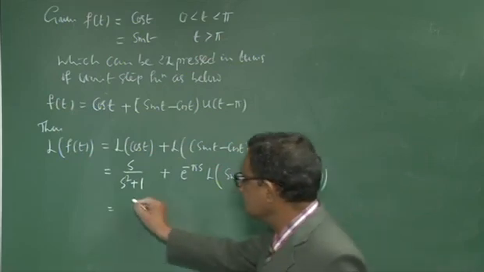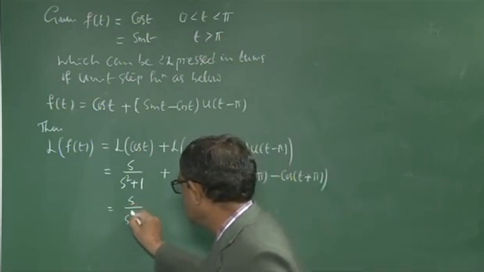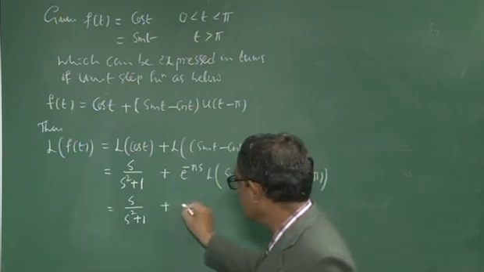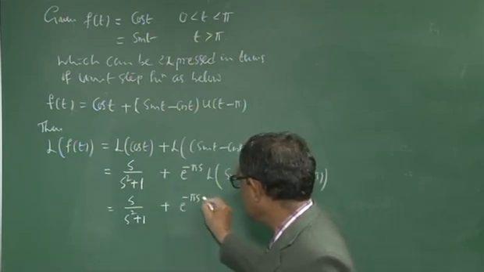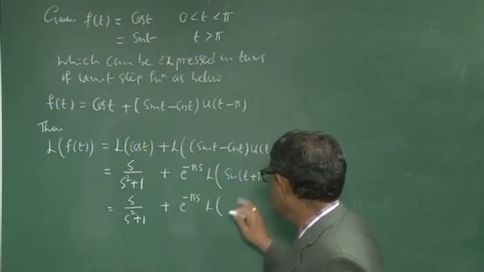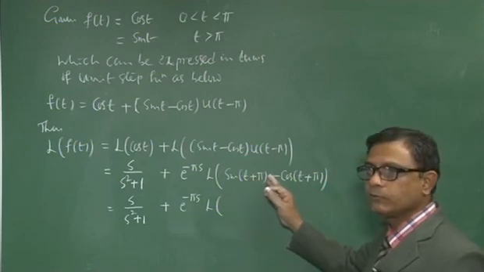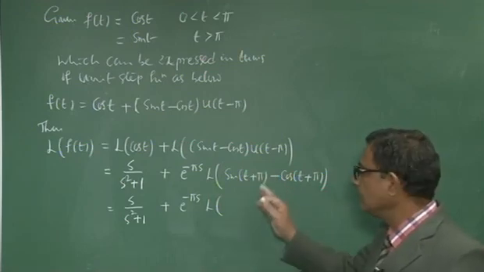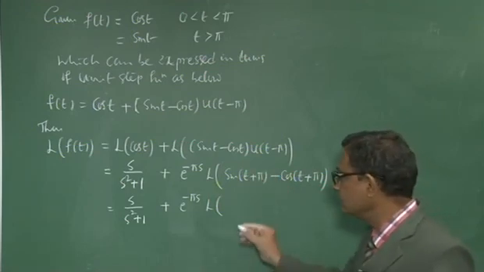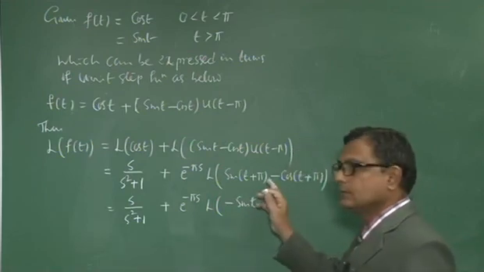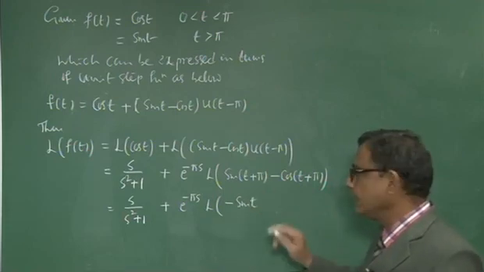Now this is s divided by s square plus 1, first term as it is, plus e raised to minus pi s L of, now simplify, it is a trigonometric function, sin of t plus pi, 180 plus theta, it is minus sin t only. Third quadrant, sin is negative.